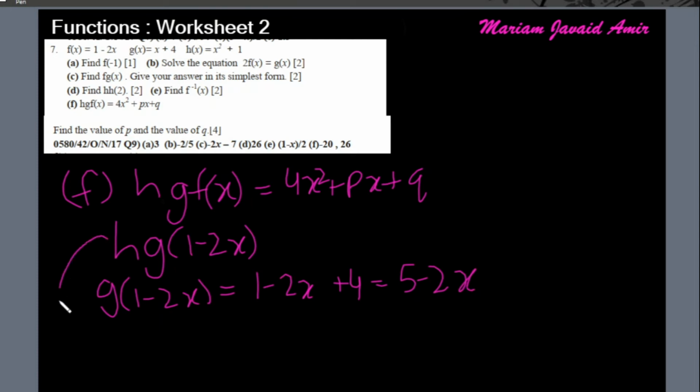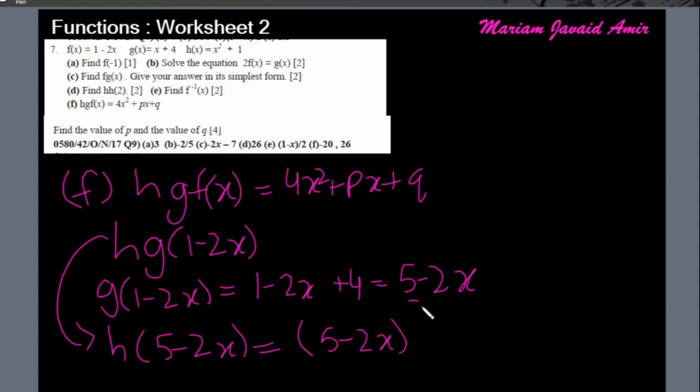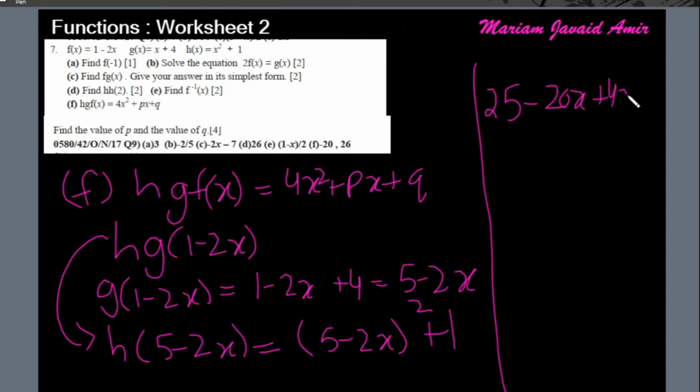So this becomes h of 5 minus 2x. Now in hx, replace x with 5 minus 2x and this square plus 1. Open this and we get a square minus 2ab plus b square and then plus 1.